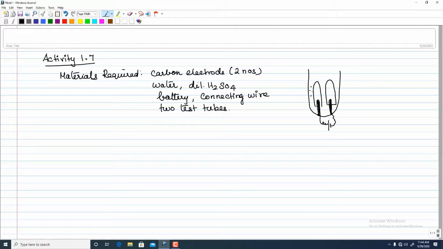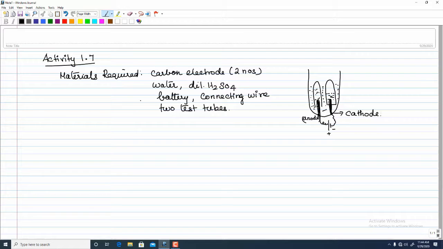The entire mug is filled with water, so that some of the water will be present inside the test tubes also. This is the positive terminal of the battery and this is the negative terminal, so one is acting as the anode. Both are carbon rods, but one is acting as the anode and the other as the cathode.